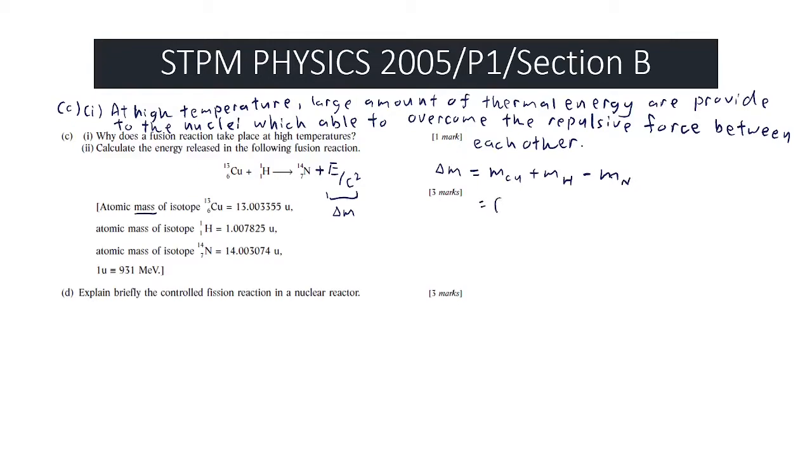Now we substitute the values inside: 13.003355 plus 1.007825 minus 14.003074.